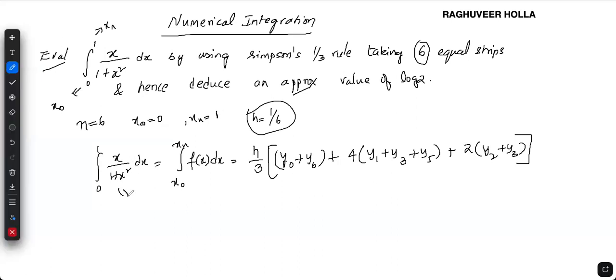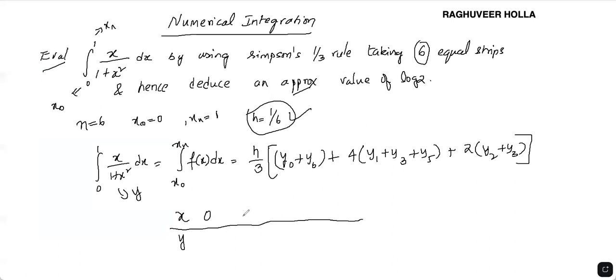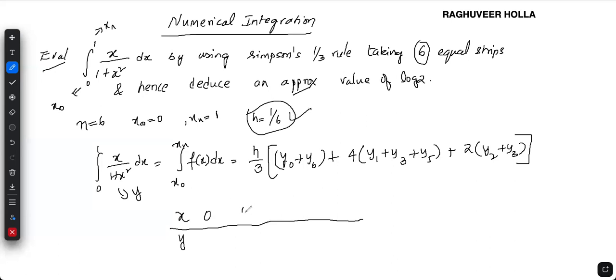Now this will be your y corresponding to x0. x0 being 0, the interval is 1/6, so x1 will be 1/6, then 1/3, then 1 by 2.